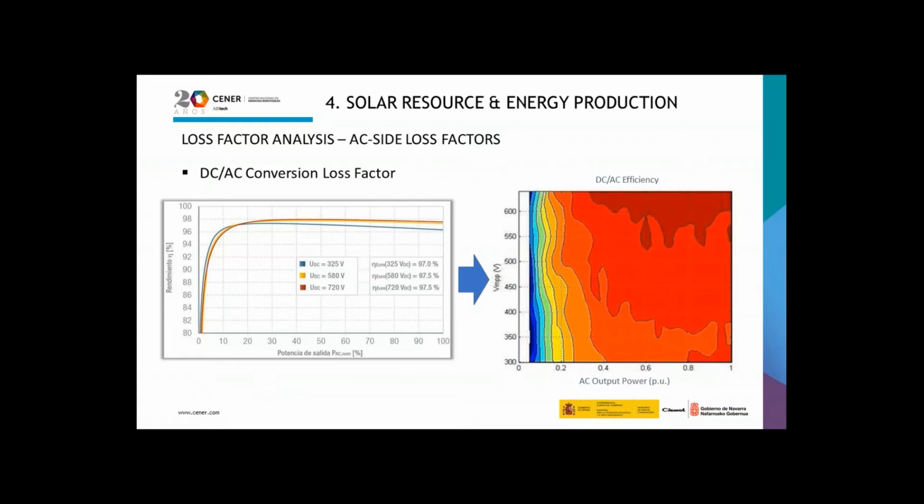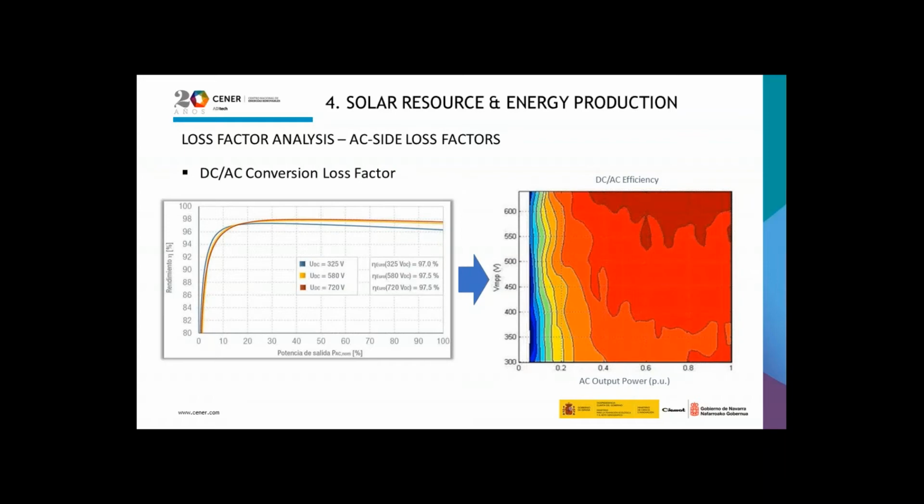The loss factors related to the AC side refer to the electrical energy converted into alternating current. The most important factor is the efficiency of the DC-AC conversion that takes place in the PV inverter. This efficiency depends on the voltage level and the input DC power level.